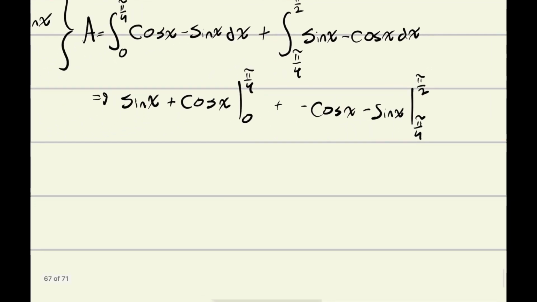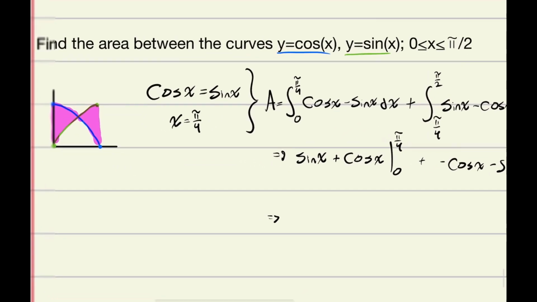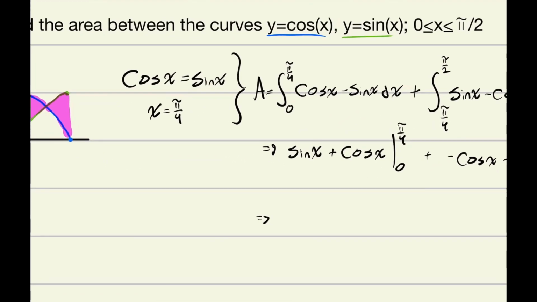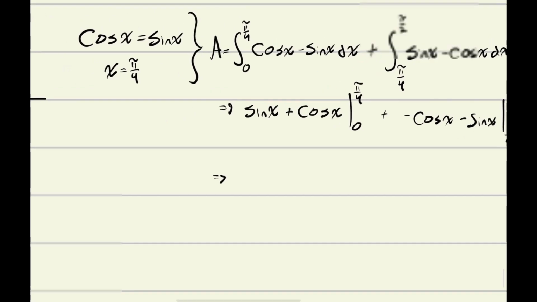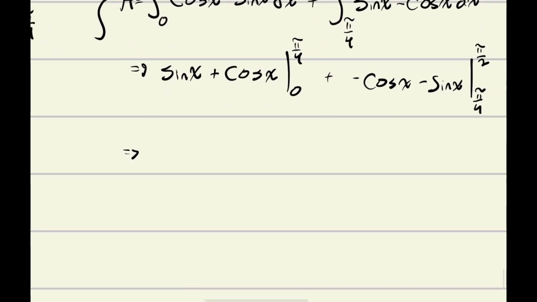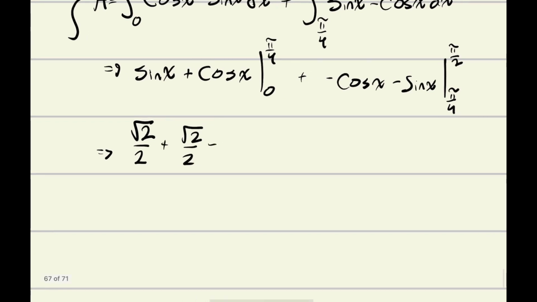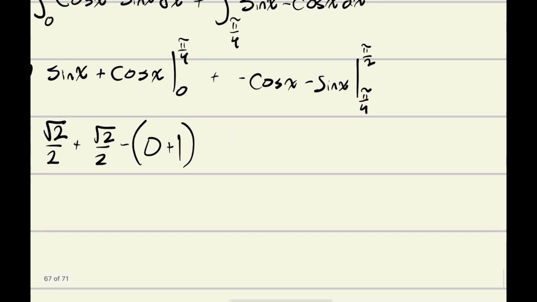Then we can just evaluate. As we discussed earlier, sine of x and cosine of x both have the same value when x is equal to pi over 4, and that value is root 2 over 2 plus root 2 over 2 minus sine of 0 is 0 plus cosine of 0 is 1.